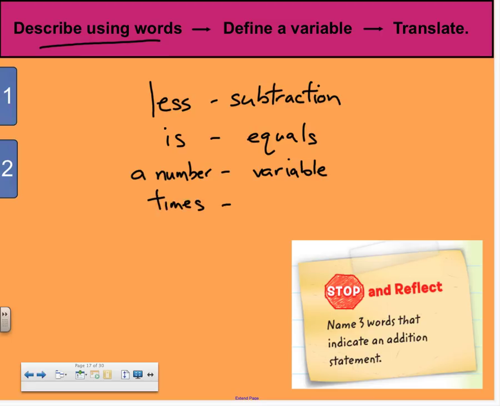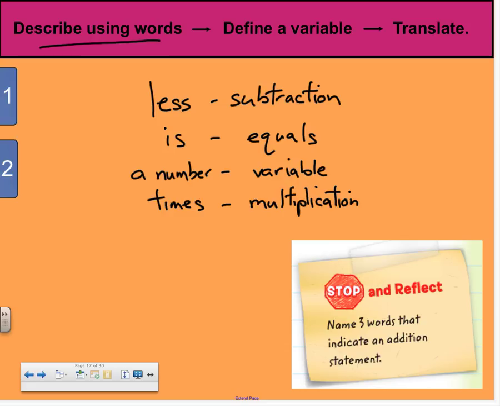What do we think of when we see times? Multiplication. Excellent. All right, we got to be able to translate from certain words to numbers. So when they say 8 less than 3 times a number, you've got to be careful.